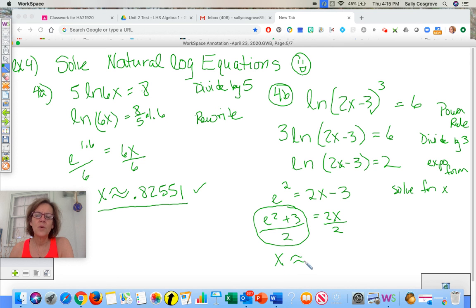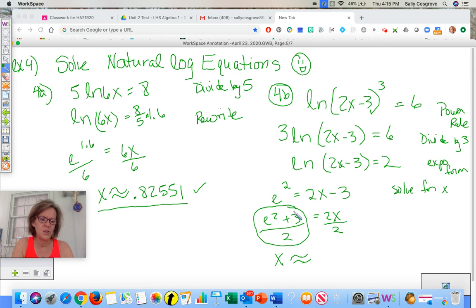So don't round until the very end, and don't try to put too much of this in your calculator at once. Let's do e squared plus 3, and then hit enter, and then divide it by 2, okay? Because sometimes when you try to put too much in your calculator, you make a mistake. So I'm going to say second ln, and then the e pops up.